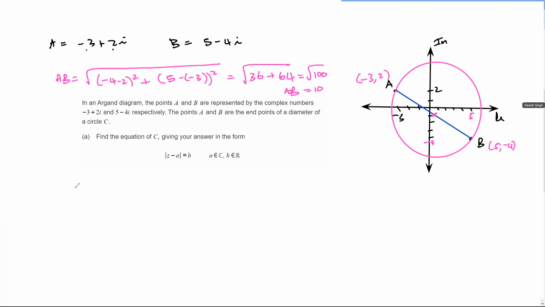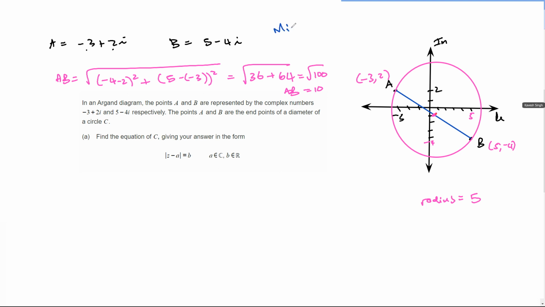And so therefore, we know that the radius is going to equal 5. Okay, so now we've got our radius equal to 5. The next thing we need to do is find the center of the circle. Now to find the center of the circle, we can use the midpoint formula.